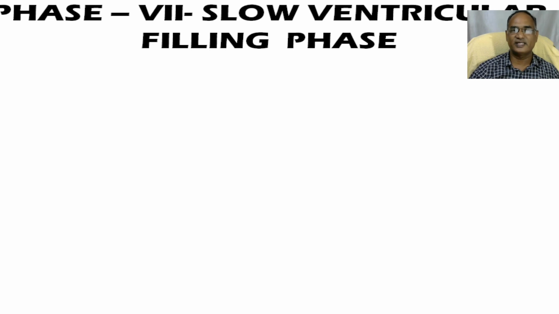The slow ventricular filling phase follows the previous phase, rapid filling of the ventricular chamber. This is the last phase of the cardiac cycle, so the chamber will already be full, and automatically a very low amount of blood will be transferred from atria to ventricle.